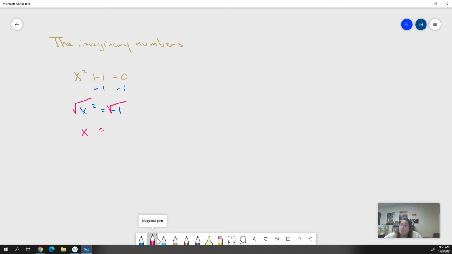Because if we were to multiply 1 times 1, we would get 1. And if we were to multiply -1 times -1, we would still get +1. So when we try and take the square root of a negative number, it doesn't work because nothing times itself gives us a negative.